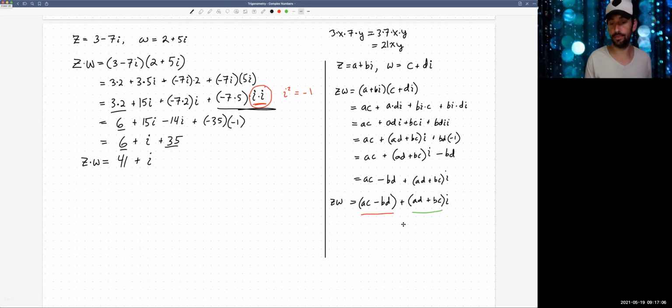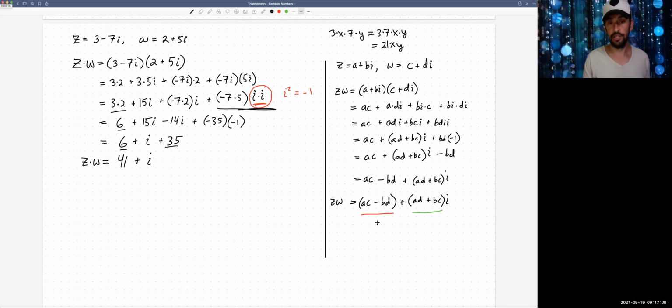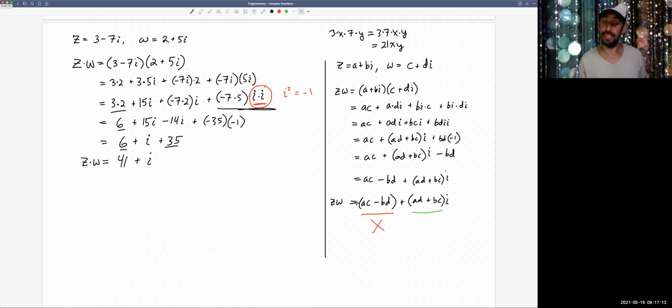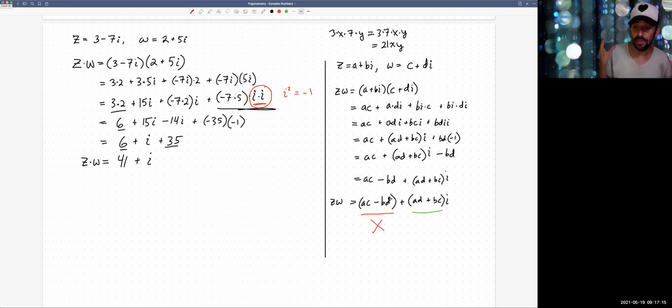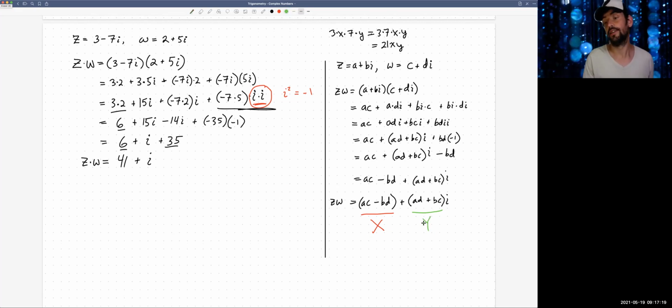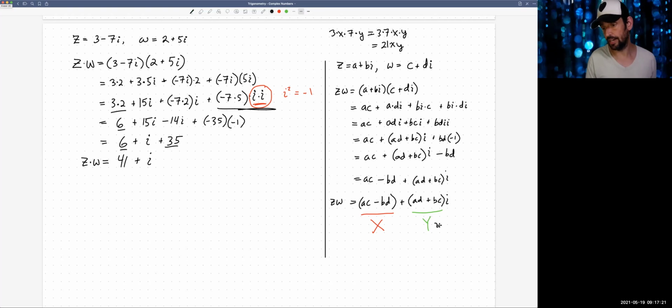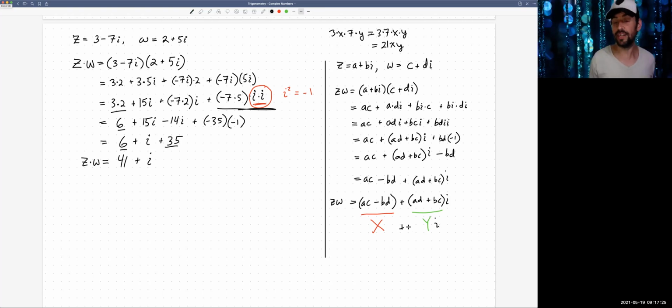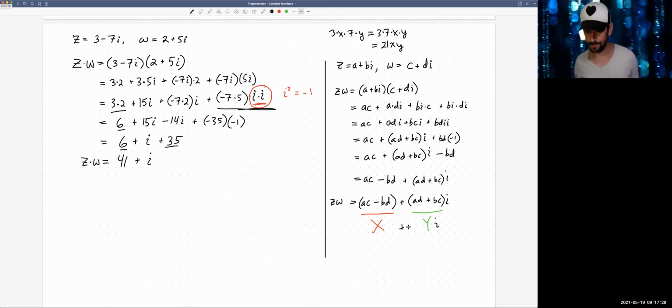We started with 2 complex numbers, and when we're done, we end up with some real number, in this case ac minus bd, plus y times i, where ad plus bc is some real number. And so we end up with another complex number, right?